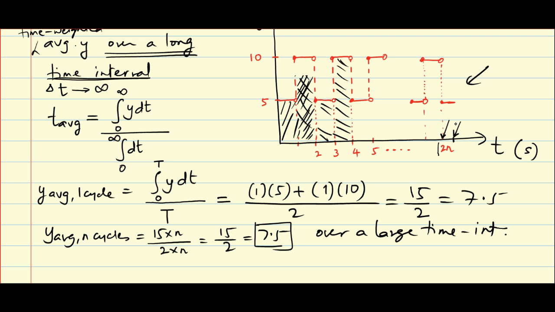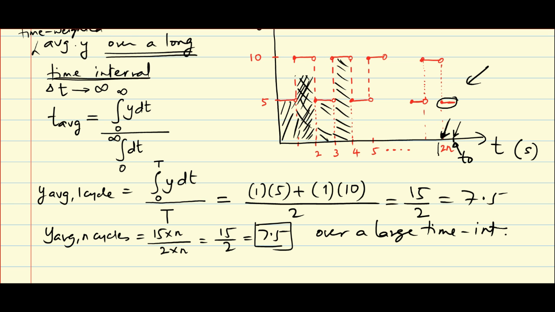So that would mean that there are n cycles up till this particular point. Remember, one cycle corresponds to 2 seconds, and the next cycle, you can have a look at this, is not yet complete. So it's a fraction of a cycle more, right? So I'll just call this one t0, this time t0.